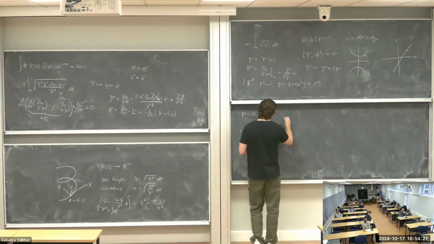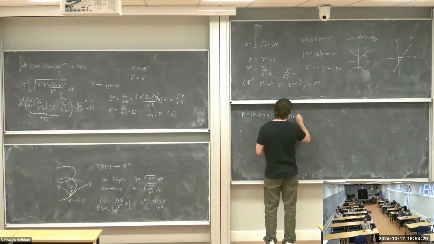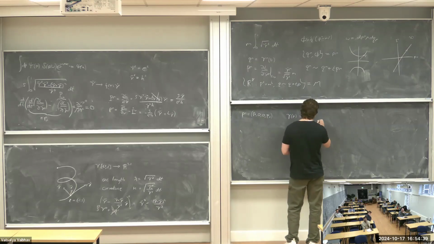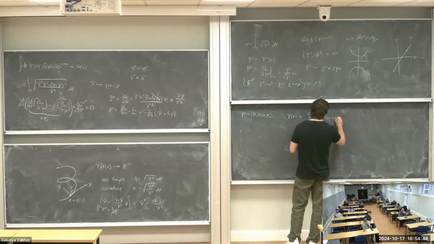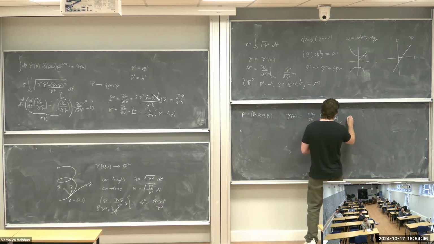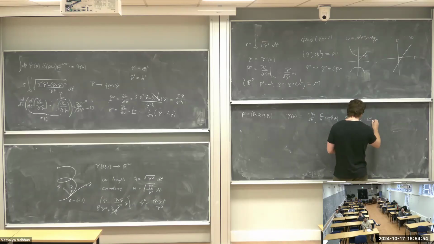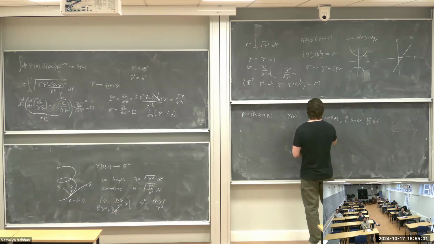Then my solution gamma of T looks like E squared P0 over K, and E over K cosine KT, and I have E over K sine KT, and we have E squared over K P0 T. There's a T here as well.